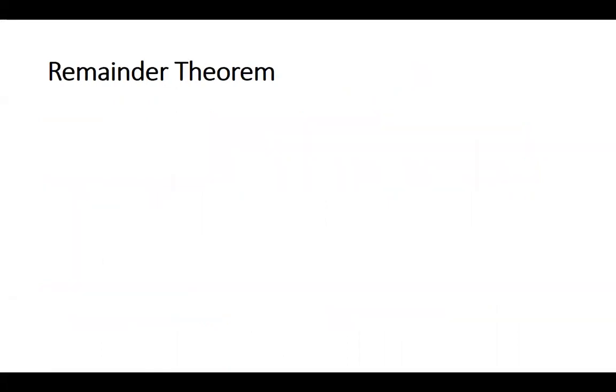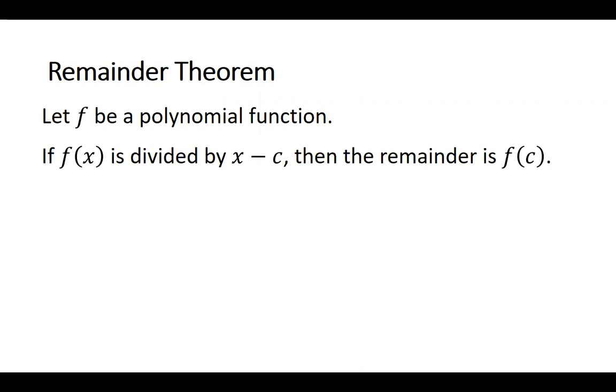So let's put that to use. Let f be a polynomial function. If f of x is divided by x minus c, then the remainder is f of c. Now this is interesting. So what that's saying is, if we divide a polynomial by a binomial x minus c, then the remainder of that division, that remainder function r of x, is just going to be f of c.